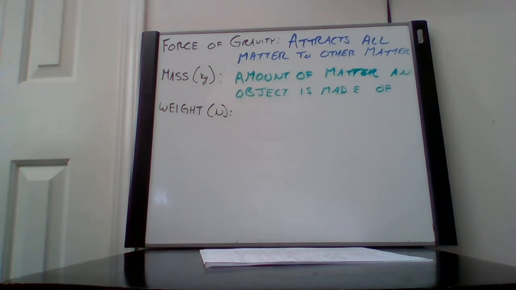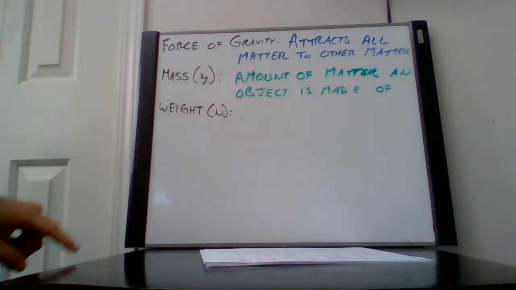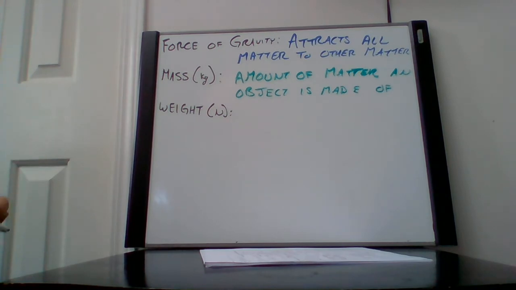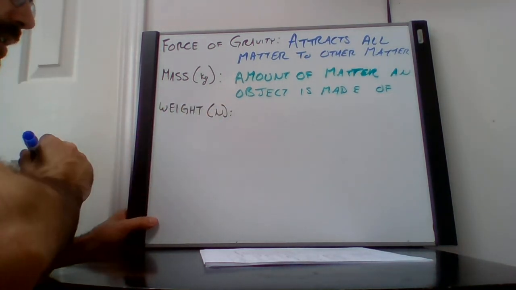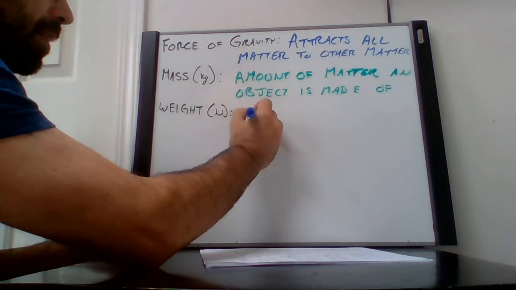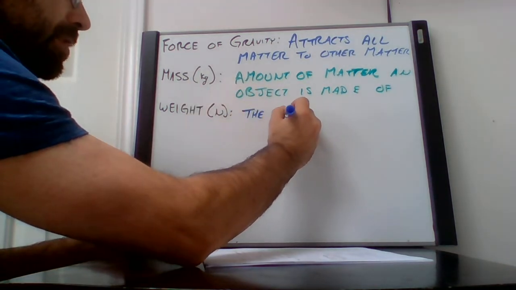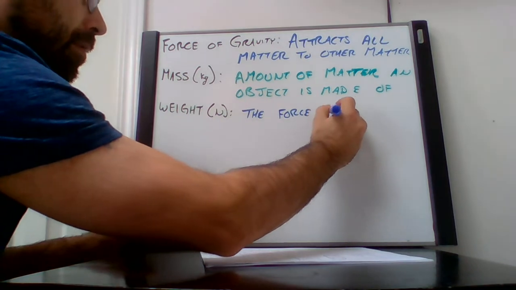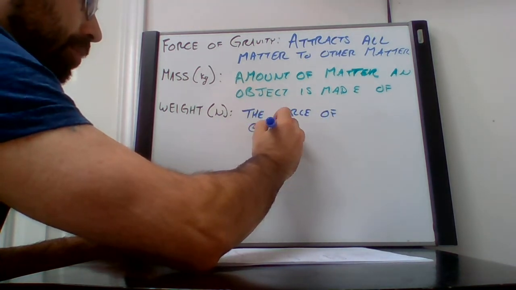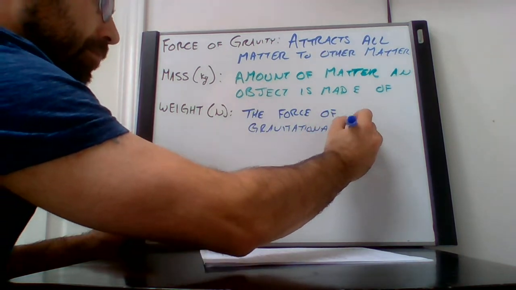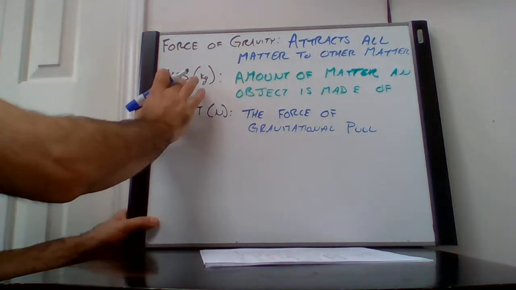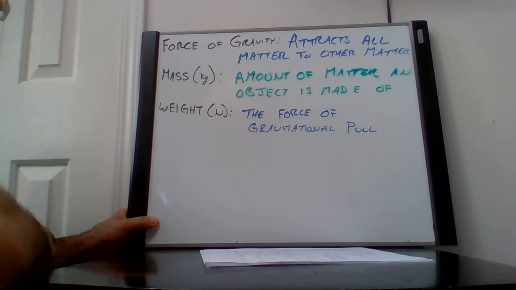Whereas weight, as you'll see here, I've got written down as the force in newtons, or the unit of newtons, and that is because weight is the force of gravitational pull. So we've got mass is the amount of matter in an object.